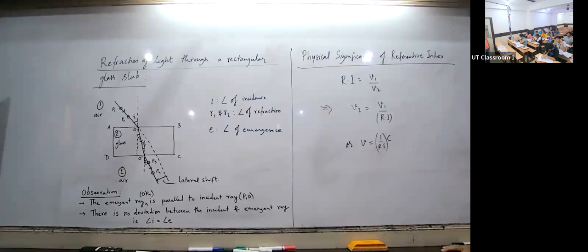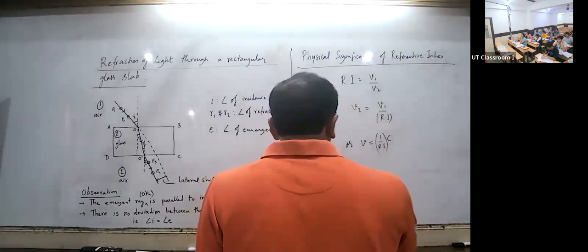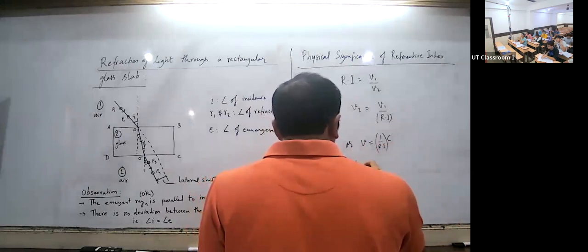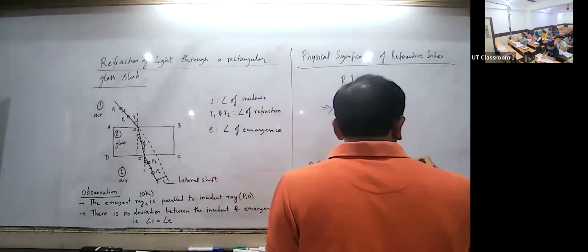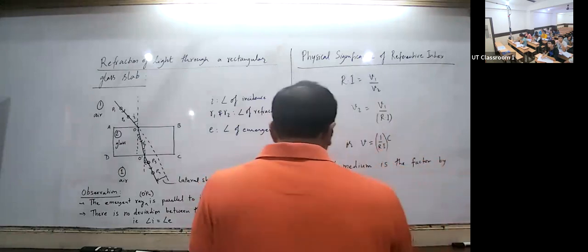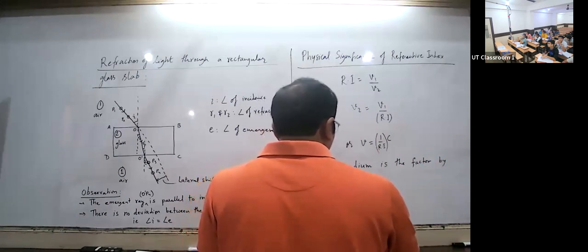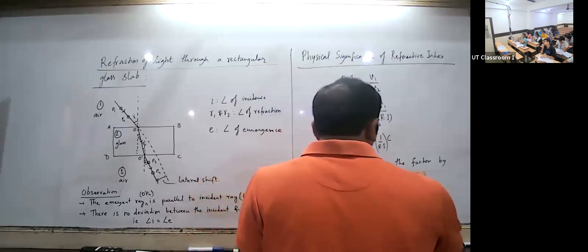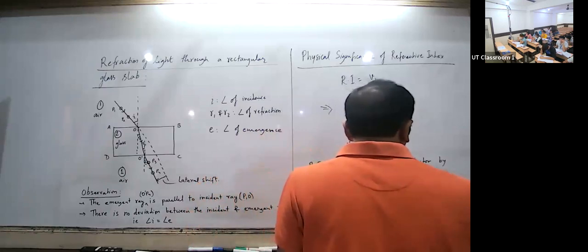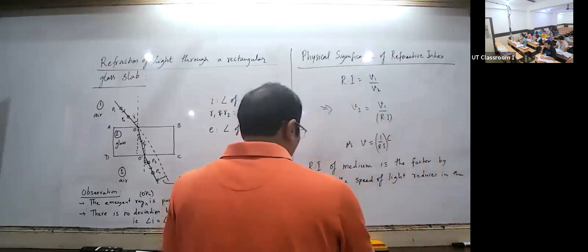Got it? So the refractive index of a medium is the factor by which the speed of light reduces in the refracting medium.